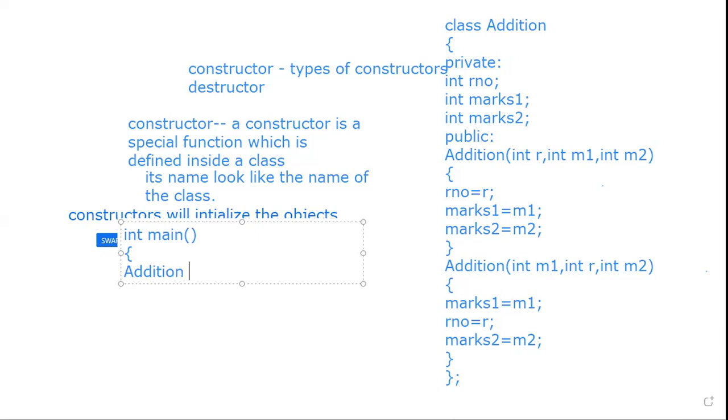For this Addition class, I'm creating the object, add one is one object. So whenever you create the object, as per the principle of the constructor, what will happen? It will be initialized. But the problem here is, I have 2 constructors here. That's why I have the confusion about which constructor has to be initialized.